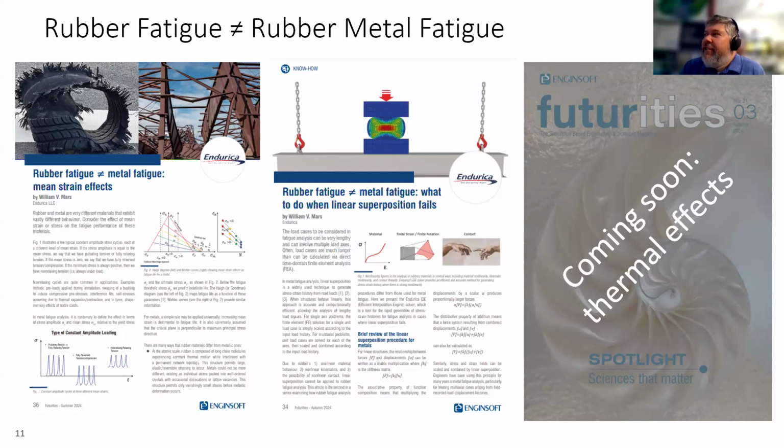We did another earlier this year on what you can do when linear superposition fails, right? If you're doing metal fatigue, sometimes people use a method called scale and combine or unit load cases. And so we talked about methods for dealing with nonlinearity. And then very soon we're going to be doing another one of these in the series on thermal effects in rubber. So these are all examples of aspects that it's important to get right when you're simulating a rubber part.